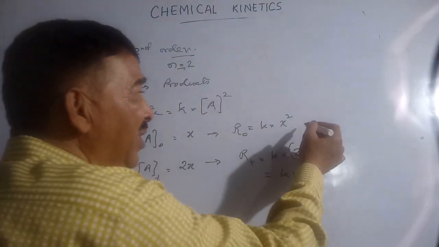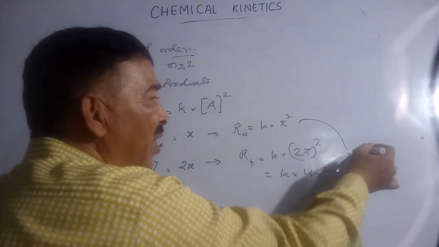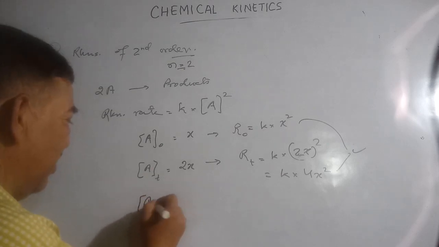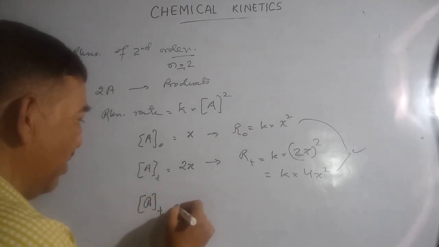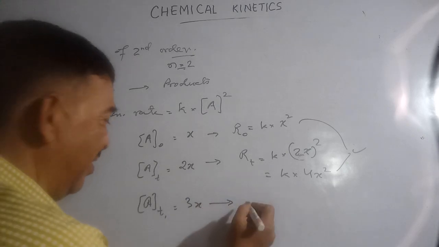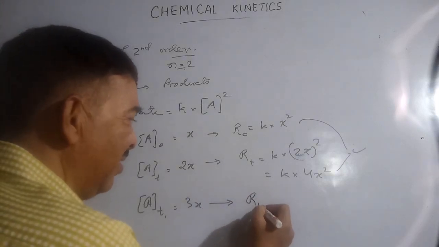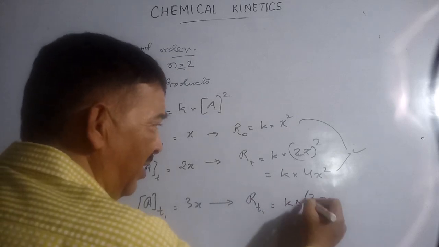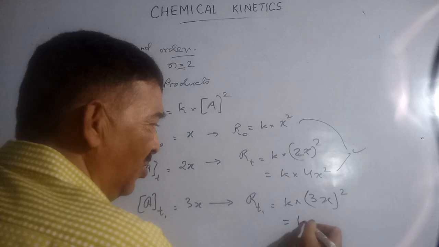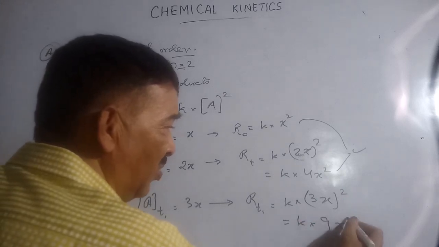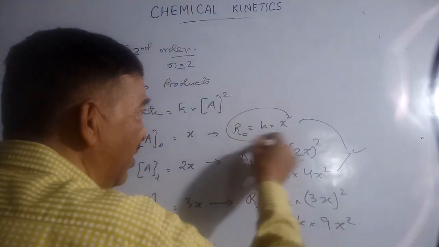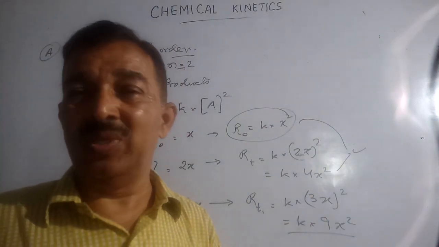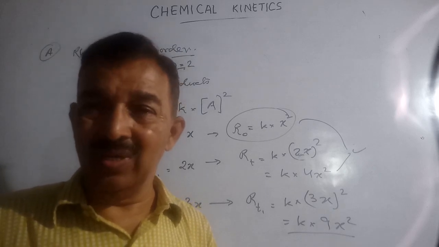Compare these two. It becomes 4 times. And let us take that at time t1 it is 3x, then the reaction rate RT1 is equal to K into (3x) squared, that equals K into 9x squared. Now compare this with this. It becomes 9 times. I hope it is clear.